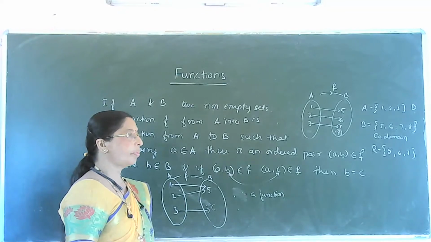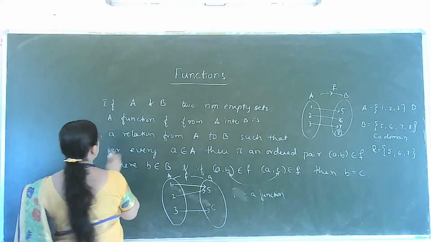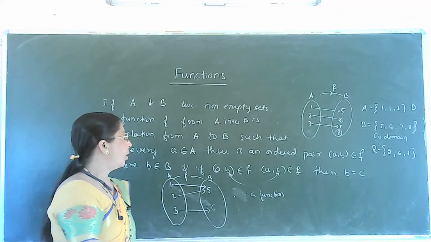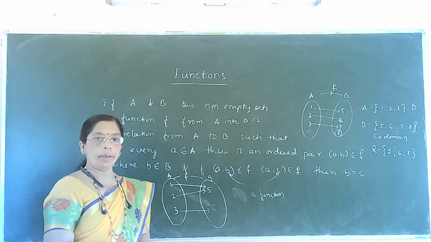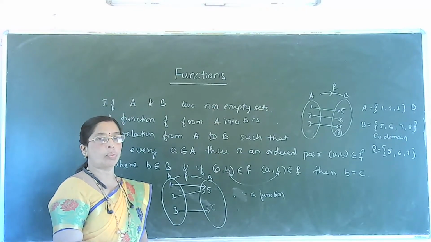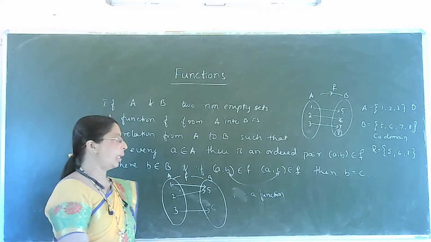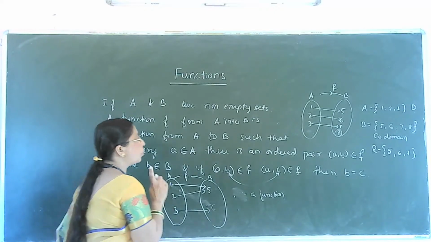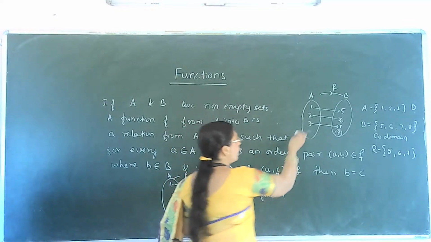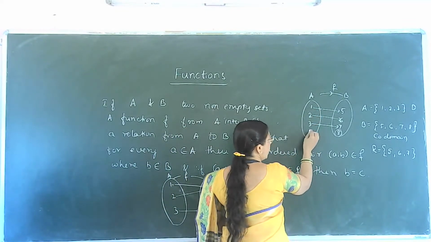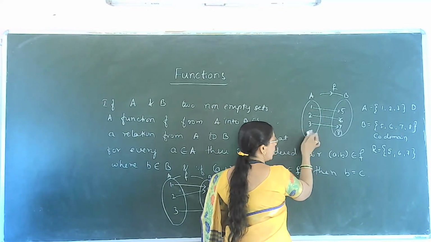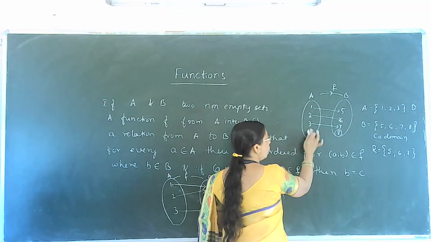For any function from A to B, every element of A has one and only one image. Every element should have an image; if an element has no image, it is not a function.